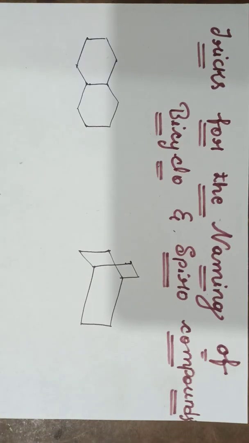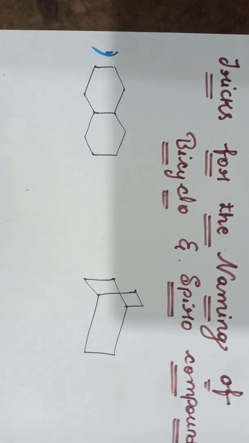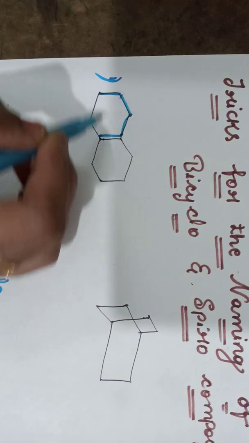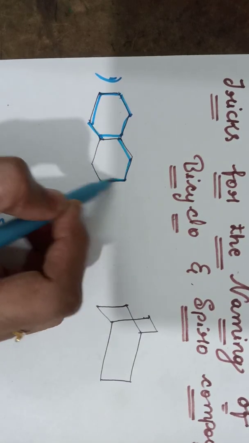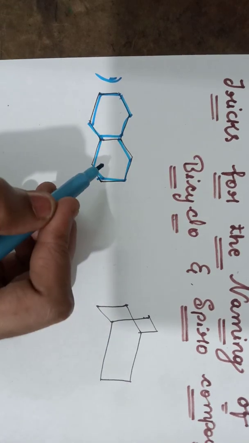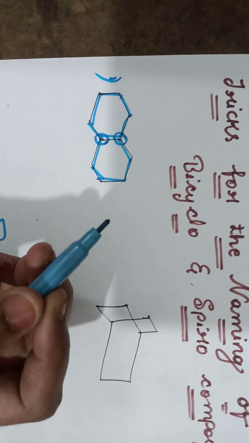Here I have taken 2 examples to explain what bicyclo compounds are. Firstly, observe this first compound. Here we have 2 cyclohexane rings, right? And these 2 rings have these 2 carbon atoms in common.